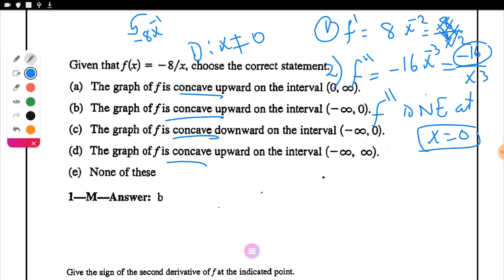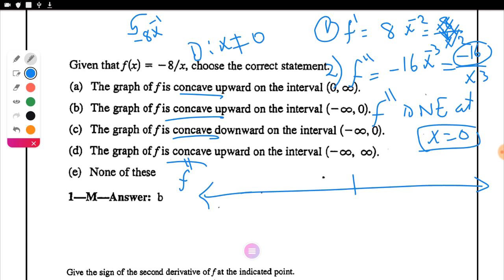So I'll draw the line for the second derivative. I write on this line the values at which the function is undefined, or the values at which the second derivative equals 0 or does not exist.